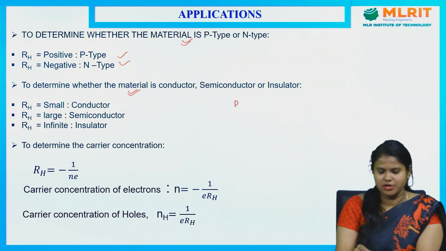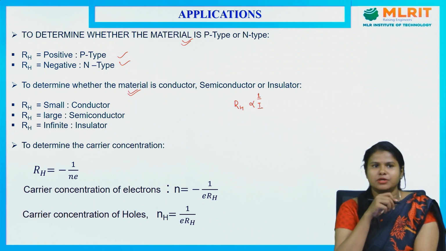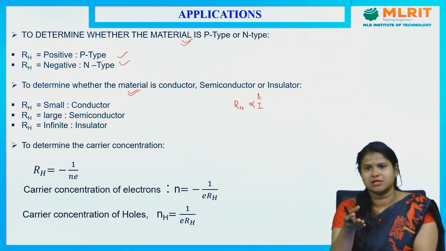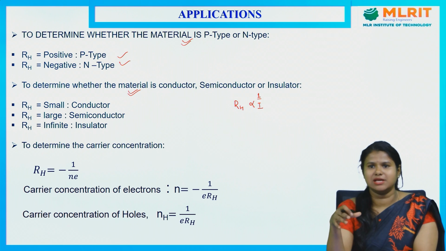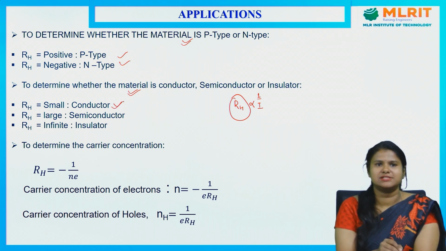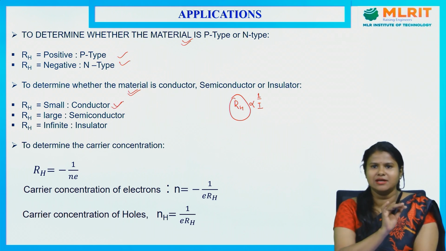As I told, RH will be inversely proportional to the current. For conductors, this current value will be more, as conductors are good carriers of electricity. As the denominator is a large quantity, we will get a small value of RH. So, if RH is small, we can say that the material is a conductor.